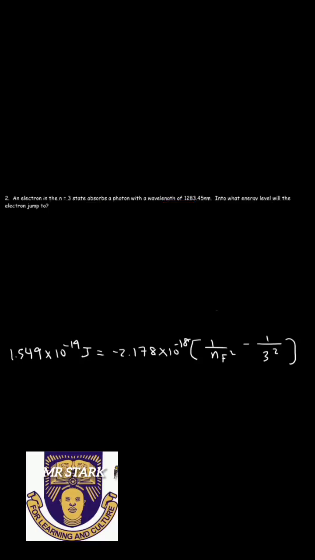So the first thing you want to do is take this number and divide it by that number. So 1.549 times 10 to the negative 19 divided by negative 2.178 times 10 to the negative 18. You should get negative 0.07112, and that's equal to 1 over n final squared minus 3 squared is 9, so that's 1 over 9.